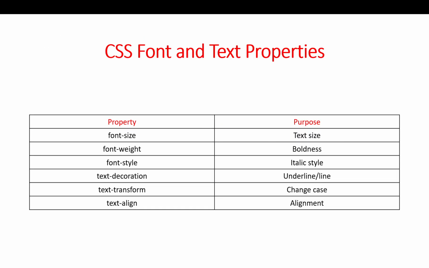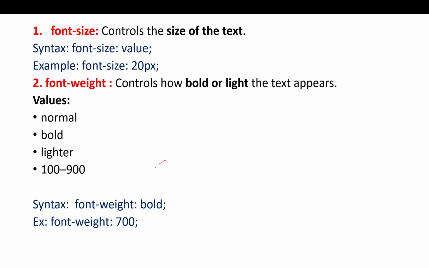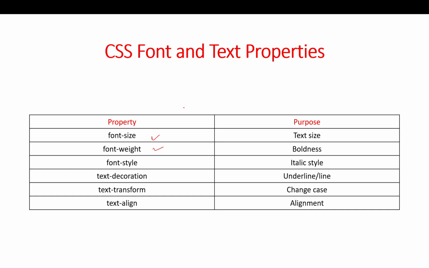Now let's see the CSS font and text properties. These properties improve readability and presentation. Here we have font size, which controls the text size, and font weight controls thickness, and then the font style, where we can use the italic style or the bold style.